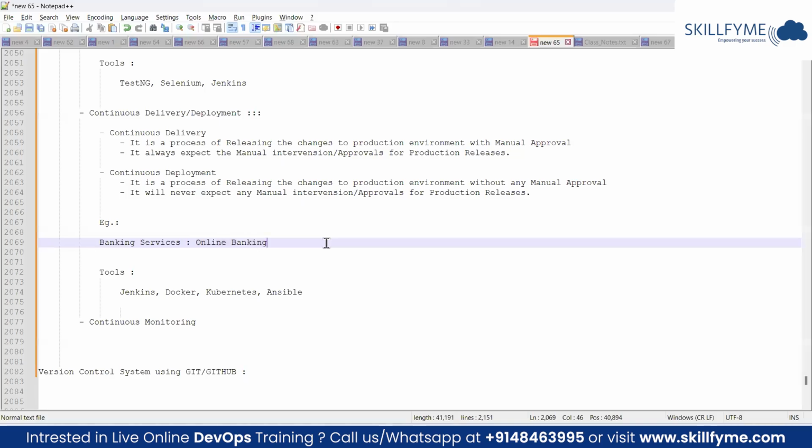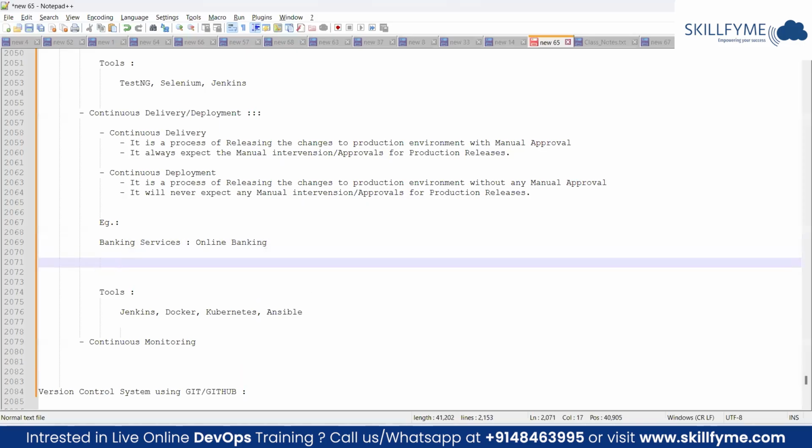What exactly happens is they are trying to introduce some new feature or new service, or they want to do some production level implementation. During that time, they don't want any customers to access that service, so they just bring that service down. That is what we call a production release window.